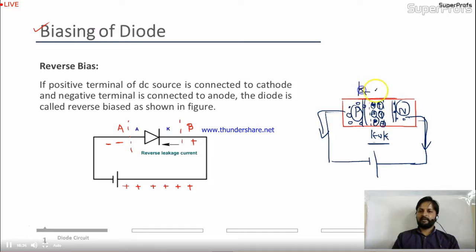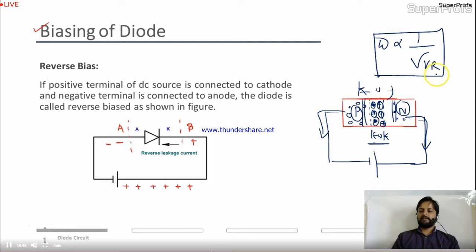And technically, in electronics devices and circuits, this omega is inversely proportional to the square root of VR, where VR is nothing but the reverse bias. When reverse bias increases, the depletion width will decrease, right?